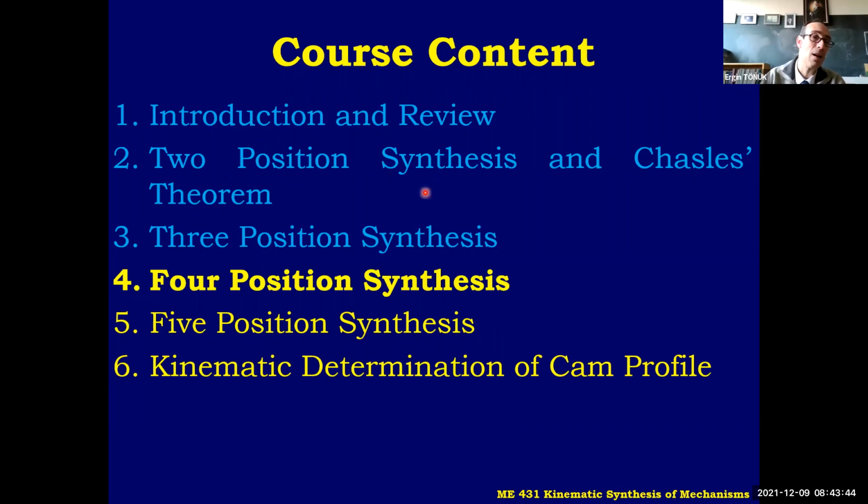Then we spent some time on 2-position synthesis, which was, I guess, quite easy. But the important points, the take-home messages were, number 1, Chasles' theorem, which states that we can move a body from position number 1 to 2 by a simple rotation around the pole.